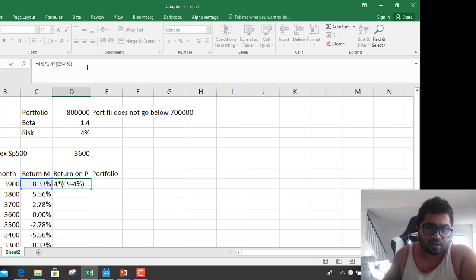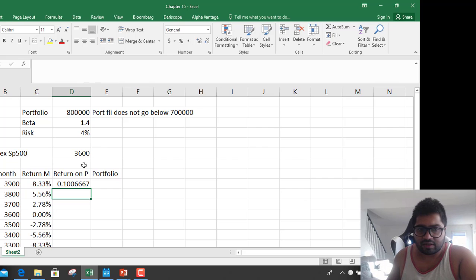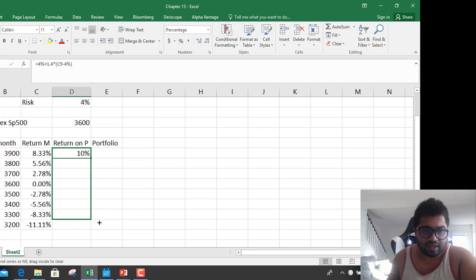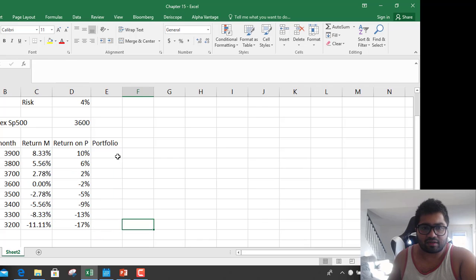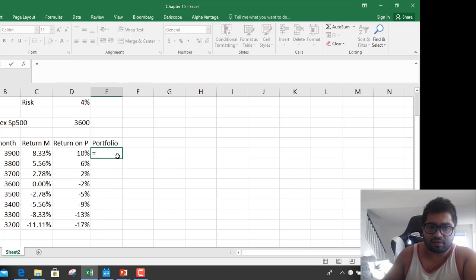Risk-free rate, not times, it should be plus. Risk-free rate plus beta into return on market minus risk-free. So portfolio returns will be 10% and whatever you get. Portfolio value will be 800,000, the base value, into 1 plus portfolio returns.